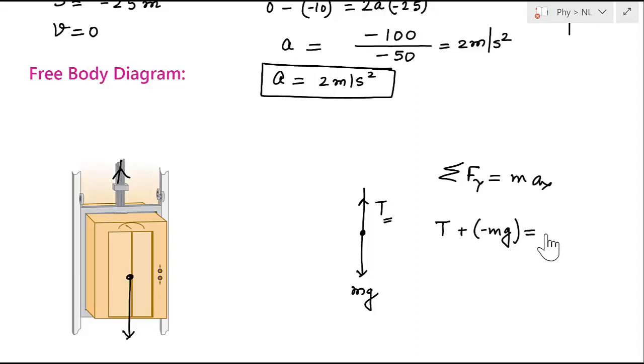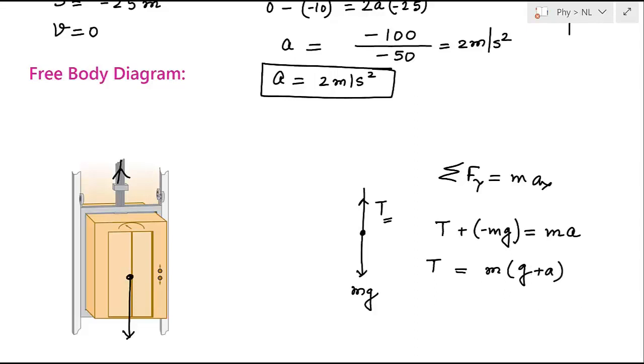So T minus mg equals m times a, or you can simply write a and then finally we will put in the value. So from here I can write T equals m(g plus a).